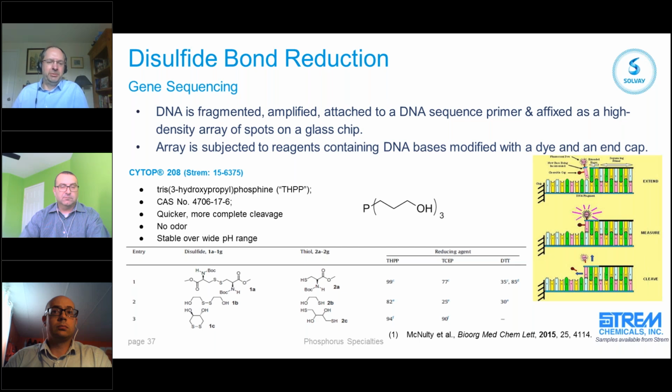So this gene sequencing technology is used in a number of ways. For example, around SARS-CoV-2, it was used to sequence the whole genome of the virus. It can also be used to monitor mutations of the virus over time, to see how it's developing and altering its genetic structure.